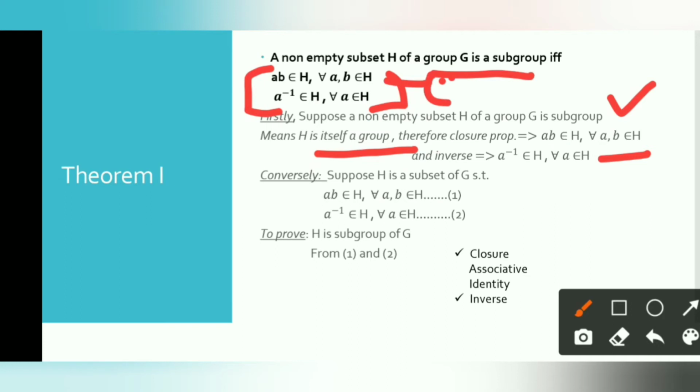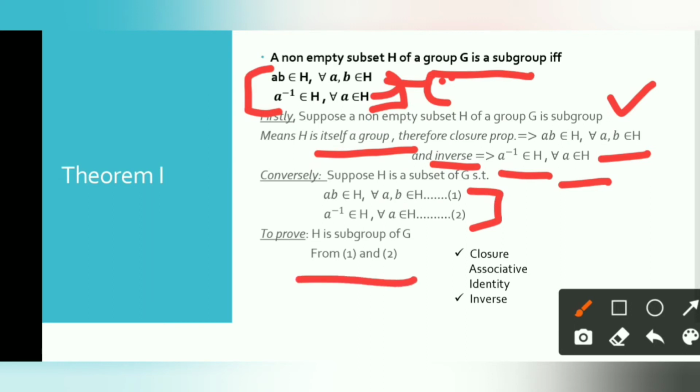Then the second part will be proved from the property of existing inverse. So the inverse of every element exists in H, meaning for every A in H, A inverse is also in H. That proves the second property. So both these results are clear from the first thing that we have taken, that H is a subgroup. Now conversely, let these two things hold and we will prove that H is a subgroup.